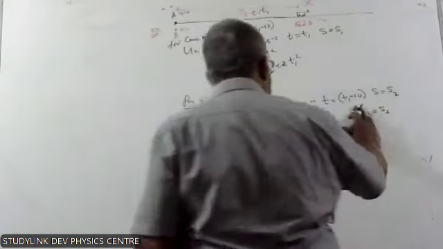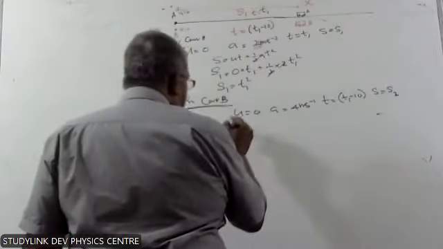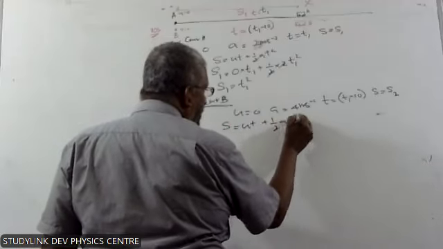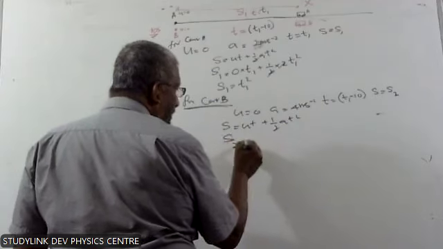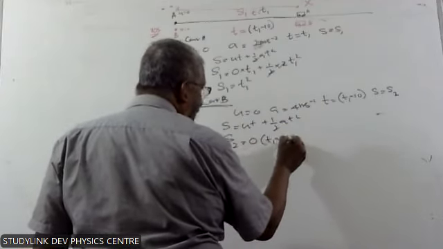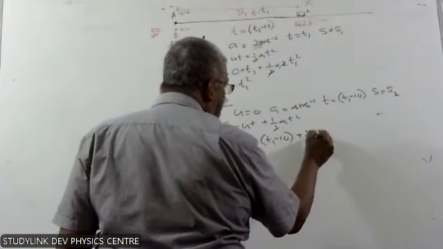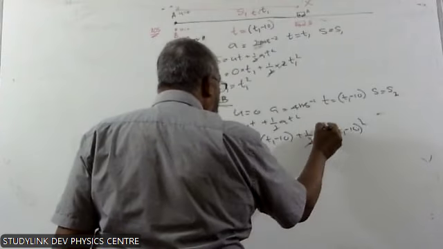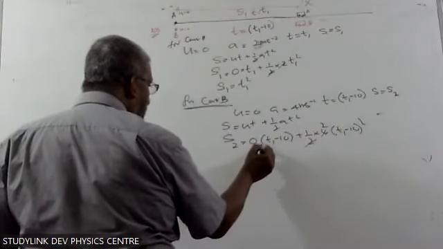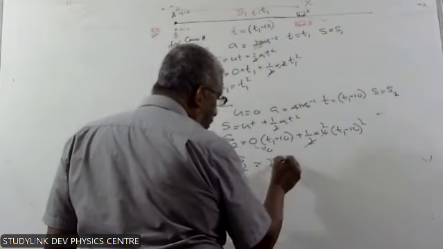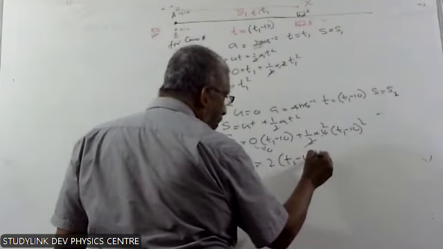Later we'll do. This method is better. Then S is equal to UT plus half AT squared. Then S2 is equal to 0 into (T1 minus 10) plus half into 4 into (T1 minus 10) whole thing squared. This is 0 because 0 into any value is 0. S2 is equal to 2 (T1 minus 10) whole thing squared.